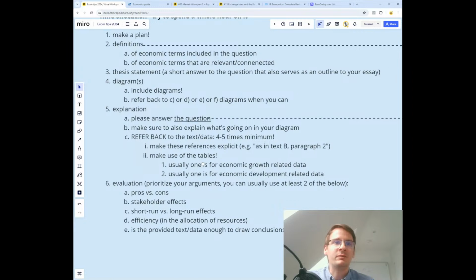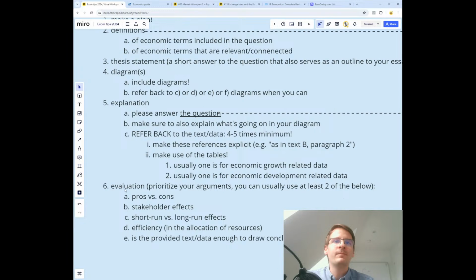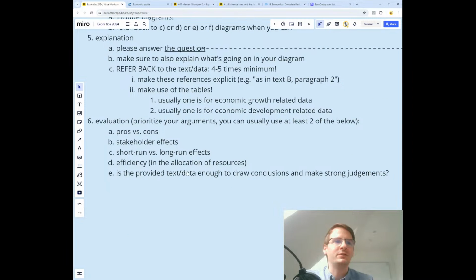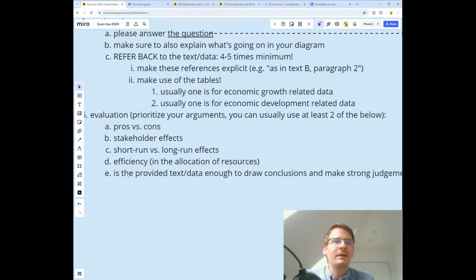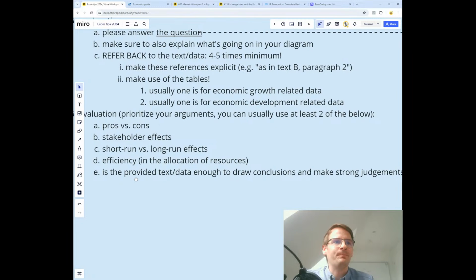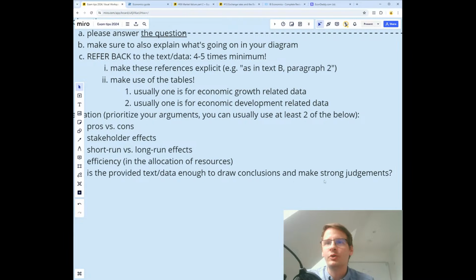It's very useful. And then you go on with your evaluation, which will be quite similar to that of the paper one, but I'm giving here an extra tip again for you guys. I really hope that it's going to be useful to all of you. I wrote here, is the provided text or data enough to draw conclusions and make strong judgments?